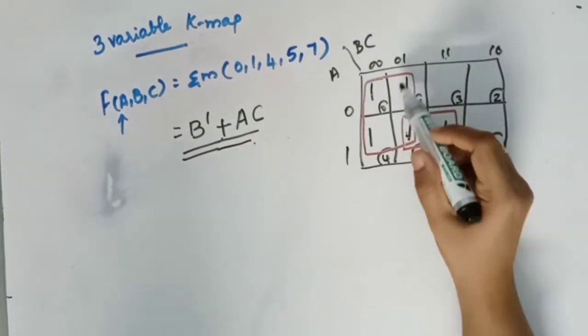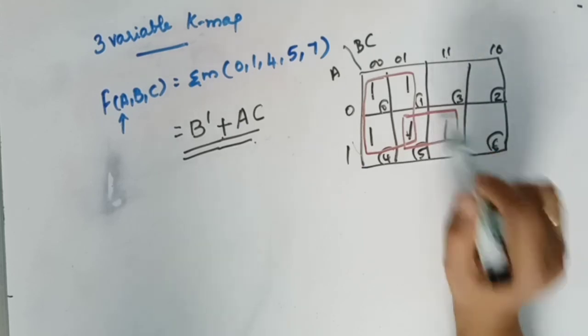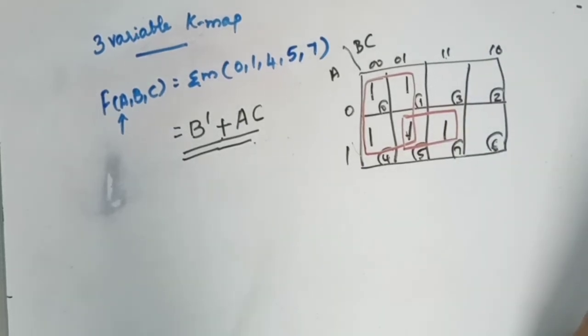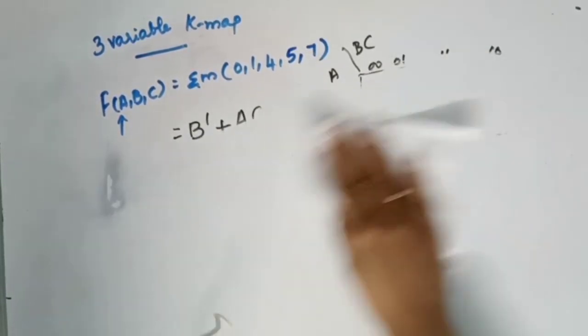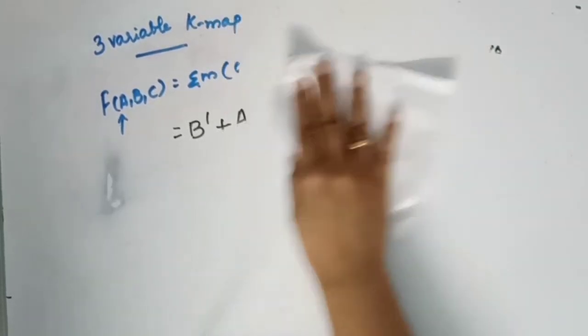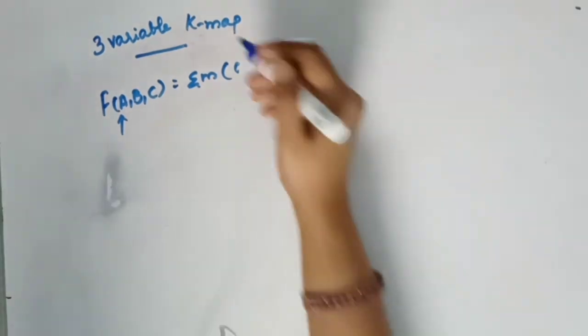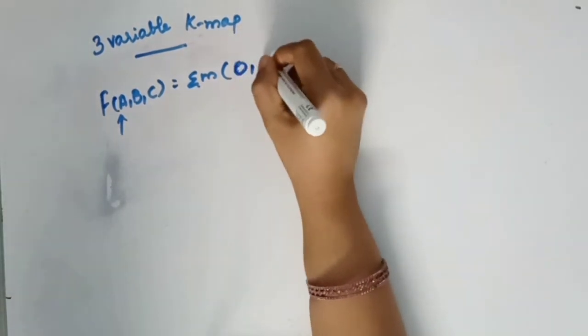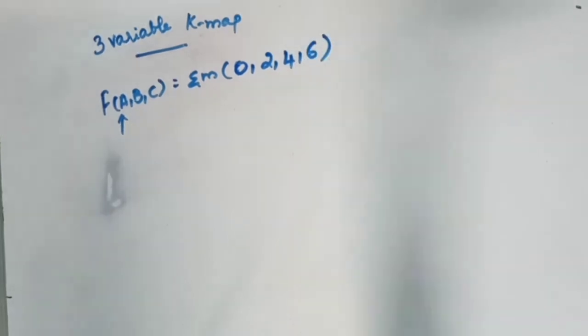So it is B bar plus AC. That's the answer. So let's do another one. Something like 0 2 4 6.